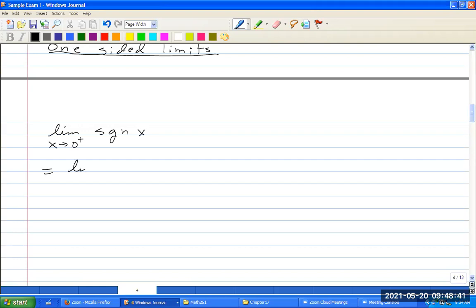Well, if x is greater than 0, sign of x is always equal to 1. And so this is just equal to 1. So the sign of x, as we're approaching 0 from the right-hand side, will always equal a positive 1.